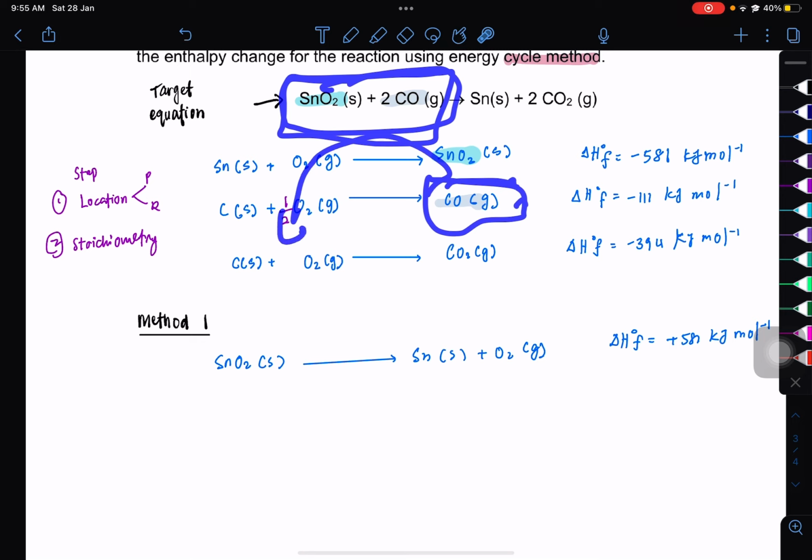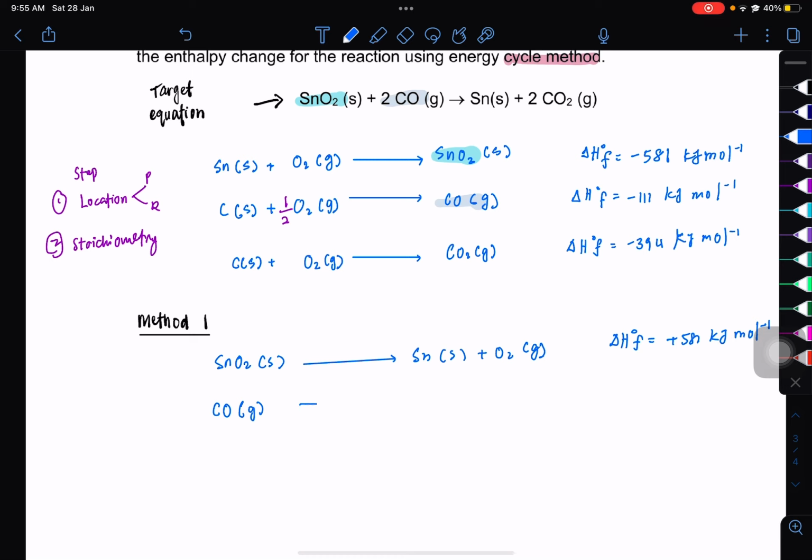So first swap places, with carbon and oxygen gas. But if you notice, the stoichiometry in this equation is 2 and this one is just 1. So you must multiply the whole equation by 2. You will get 2, which cancels to 1, and your enthalpy also doubles, becoming positive 2 times because it was swapped. The units are kilojoule per mole. The stannum does not need changing because it is in solid.